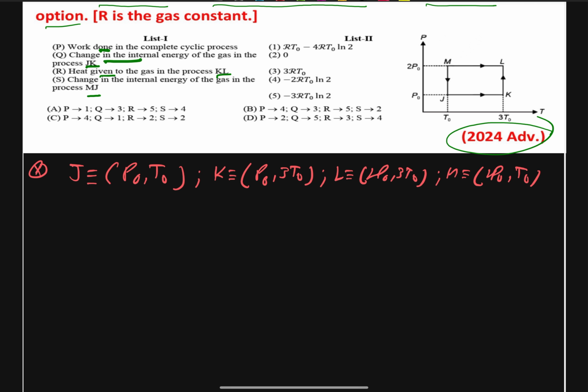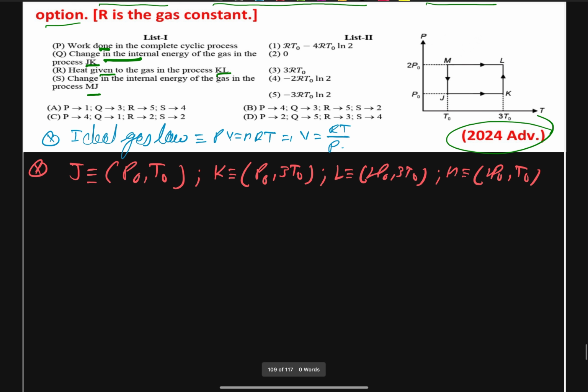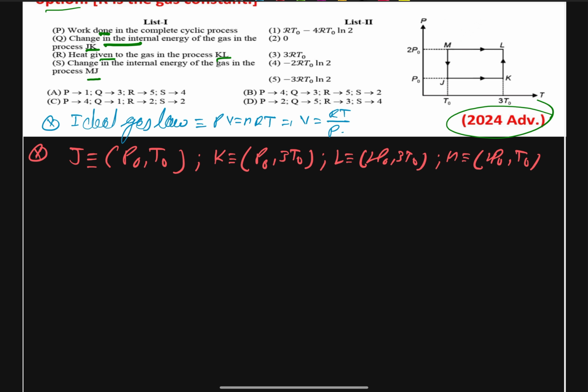Respectively, we can find out the volume for each point, and for that we are going to use the ideal gas law, which gives us PV equals nRT. n is 1, so the volume is equal to RT divided by pressure P. So we can find out the volume for each point.